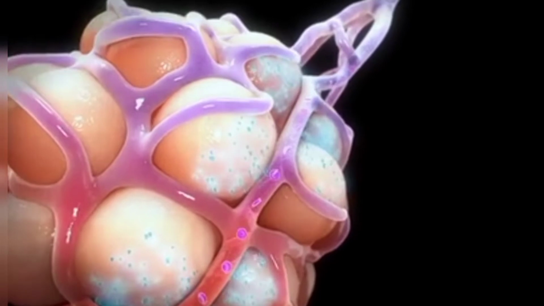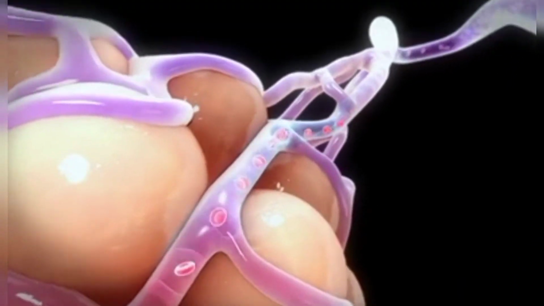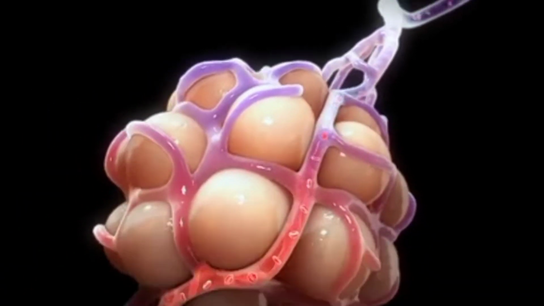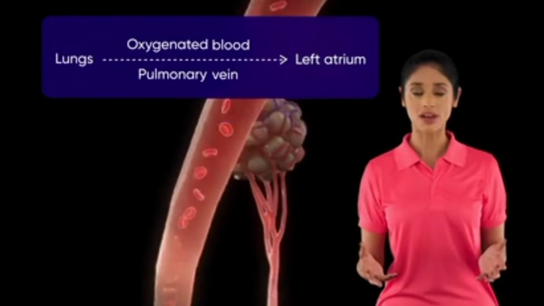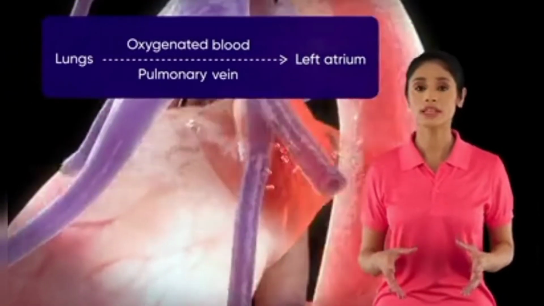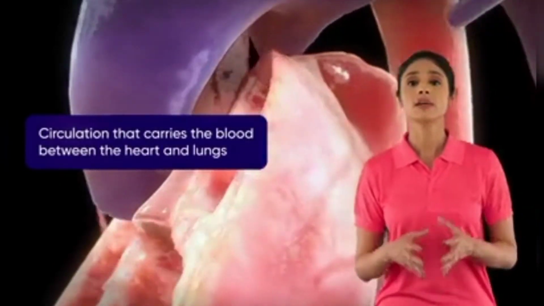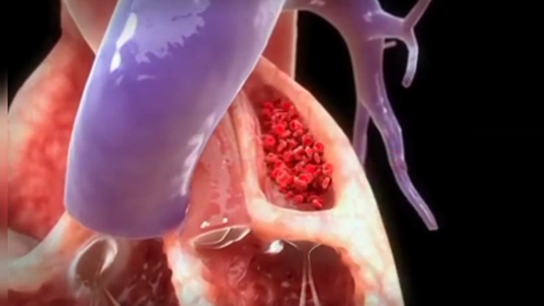In the lungs, the blood gives up carbon dioxide and takes in oxygen. The oxygenated blood then returns to the left atrium of the heart through the pulmonary veins. This part of the circulatory system, where the blood is carried between the heart and lungs, is called pulmonary circulation.